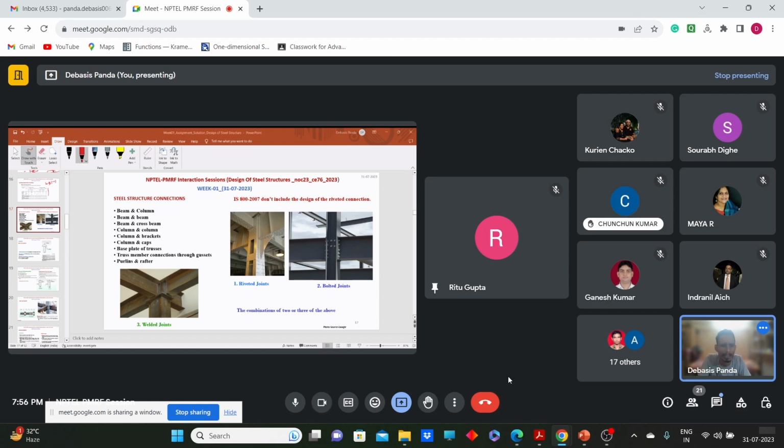There may be different combinations and kinds of connections. Now the main question: how to connect them? What should be the method of fabrication by which fastener we can fasten those members?